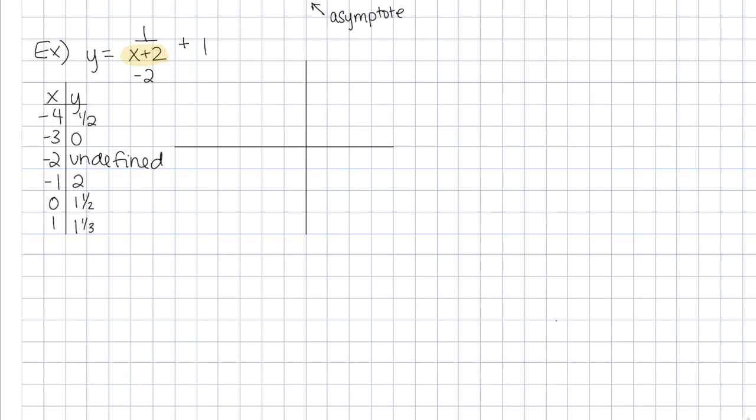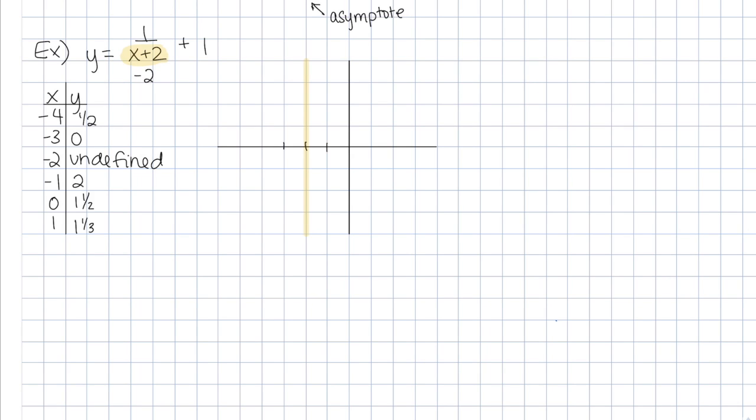I'll just move that over. Okay. So my asymptote is going to be when x is -2. That's going to be my undefined. So I can use a dotted line or a highlighter. That's fine.